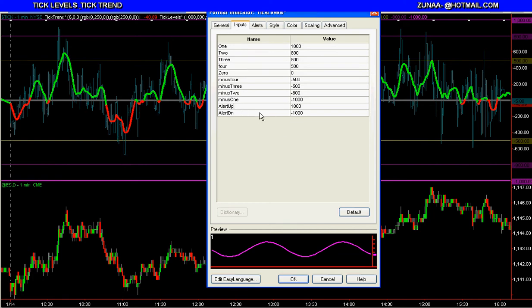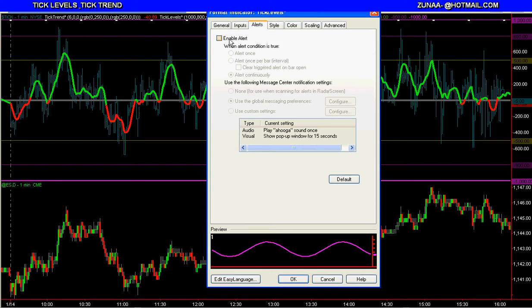And then you have your alerts, which you can set at whatever level is important to you. Just enable your alerts. If you want it to alert continuously, choose that. If you want once per bar or just once, that's what most people choose because they don't want it going off continuously. It would just drive you crazy.